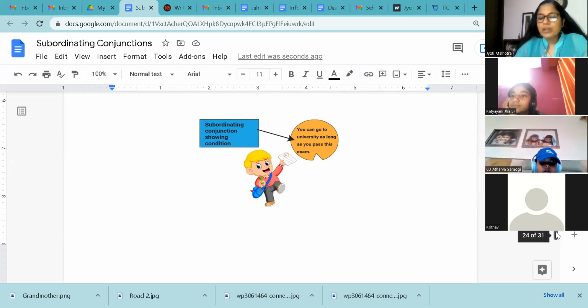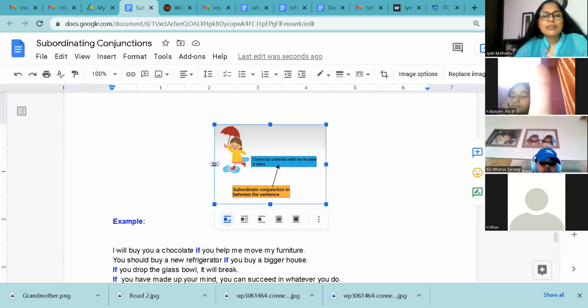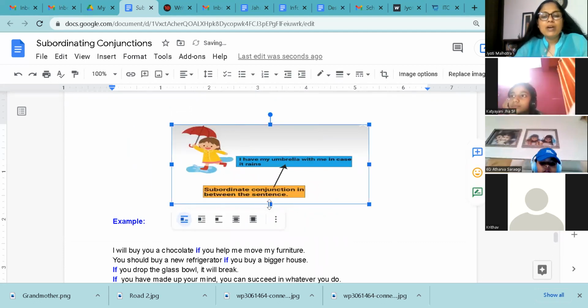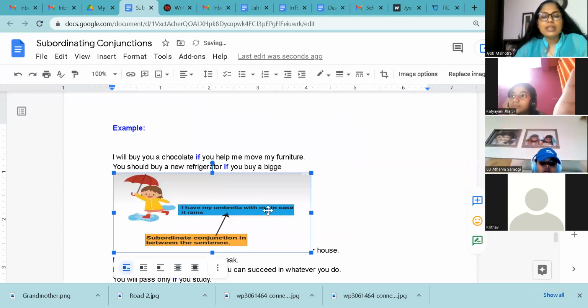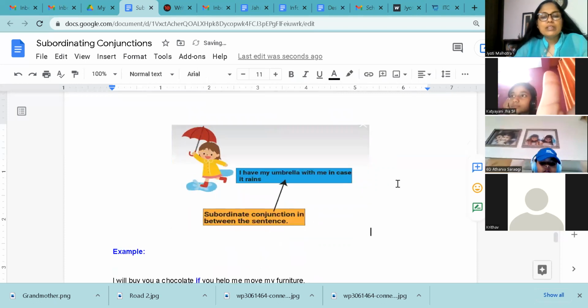So that's another way of putting it. Let's have a look at the next sentence. I have my umbrella with me in case it rains. All right. So this is also expressing condition.